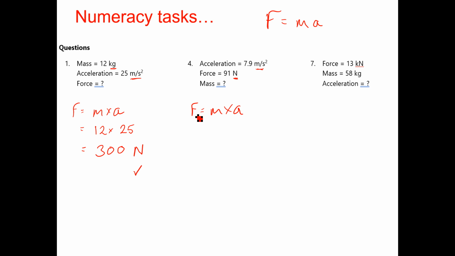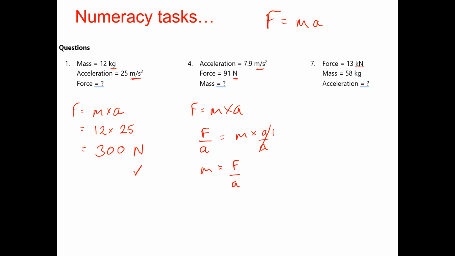Right, so we need to rearrange this. I'm going to divide both sides of this equation by the acceleration. So F divided by a equals m times a divided by a. Anything divided by itself just gives me 1. So m times 1 will be F over a. m equals F over a.